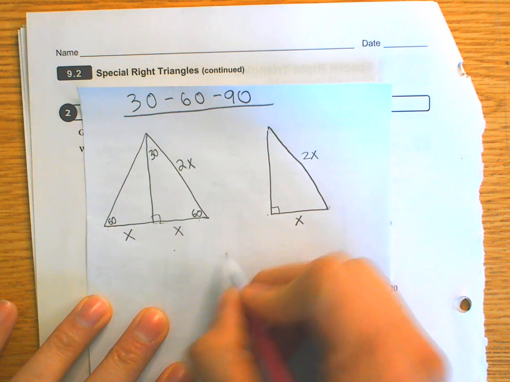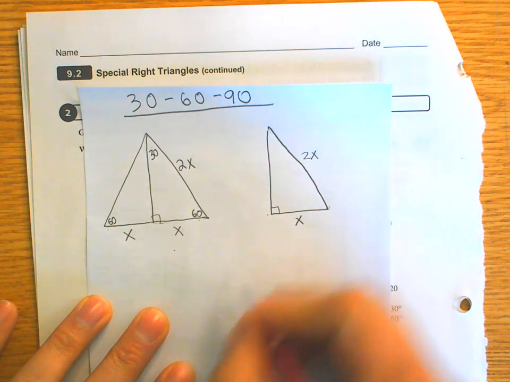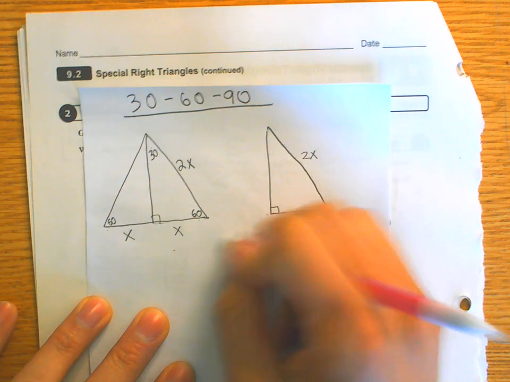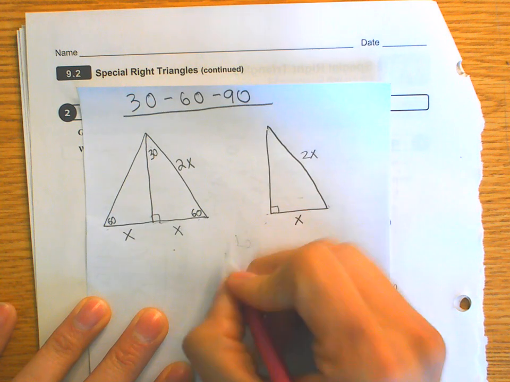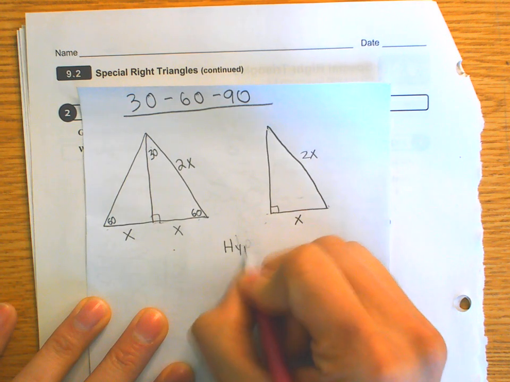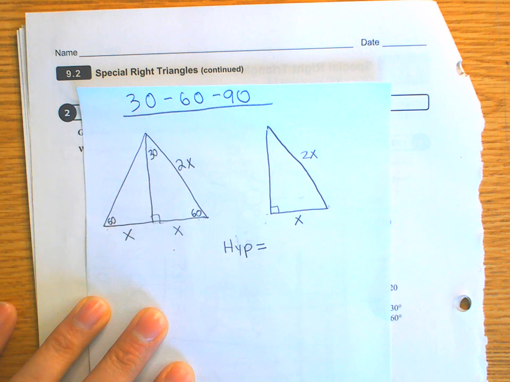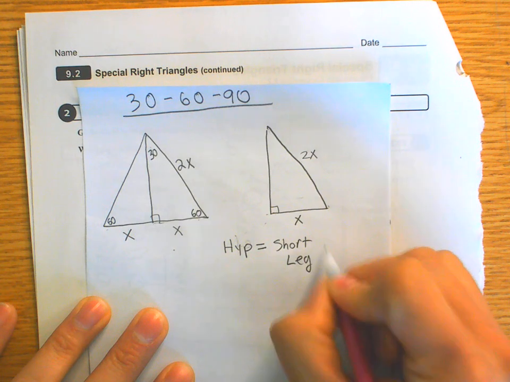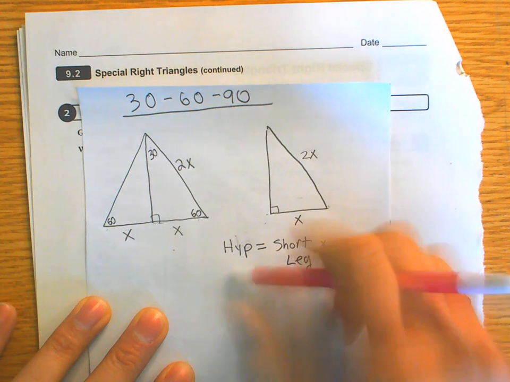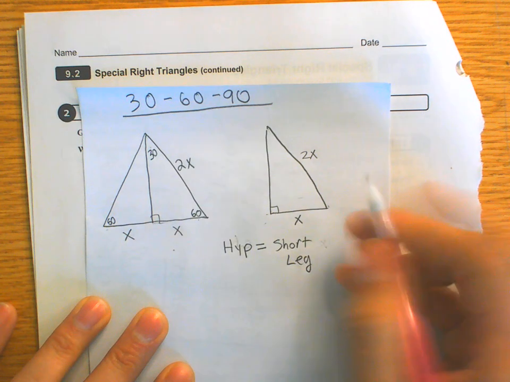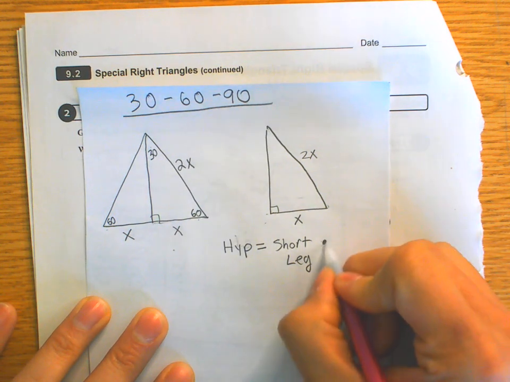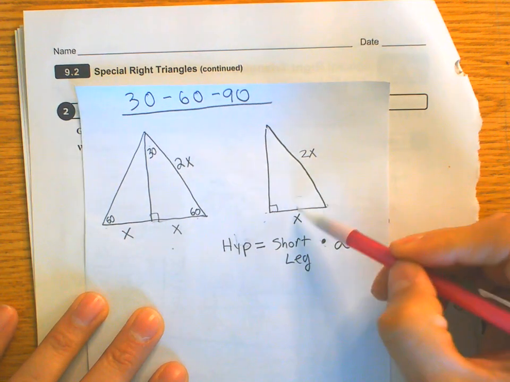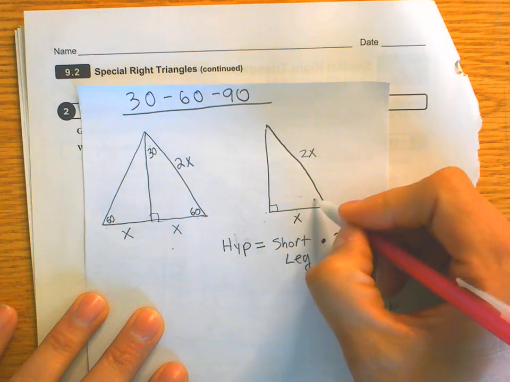So the first relationship that we have here is that the hypotenuse is going to be the product of the short leg multiplied by 2. I shouldn't use x because that x right there is already used. So if you know the hypotenuse, cut it in half to get the short leg.